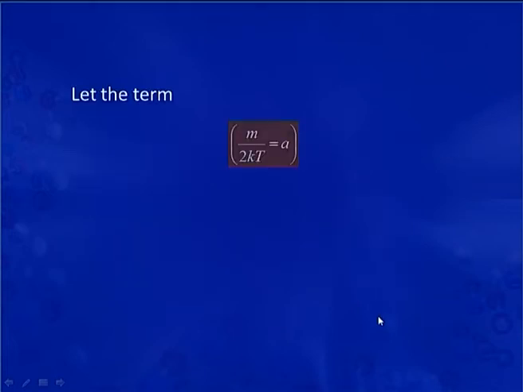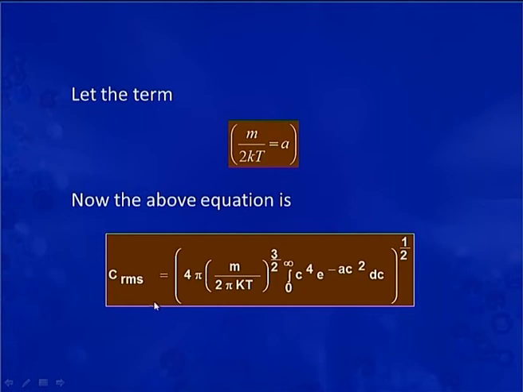So, let the term a be m/2kT in the equation. Now the equation is c_rms = (4π (m/2πkT)^(3/2) ∫₀^∞ c⁴ e^(−ac²) dc)^(1/2).